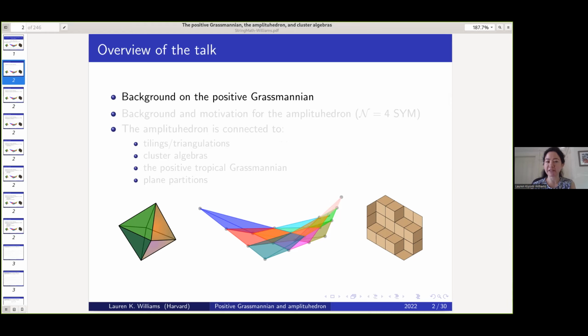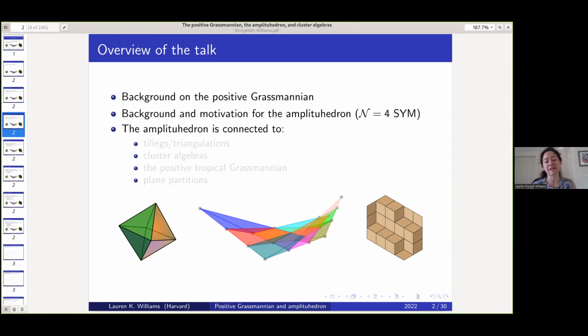I'm going to start by giving some background on the positive Grassmannian, and then I'm going to explain some background and motivation for an object called the amplituhedron, which was motivated by n equals 4 super Yang Mills scattering amplitudes. And I'll tell you about some of the beautiful mathematical properties of the amplituhedron, including its connections to triangulations, cluster algebras, the positive tropical Grassmannian, and plane partitions.